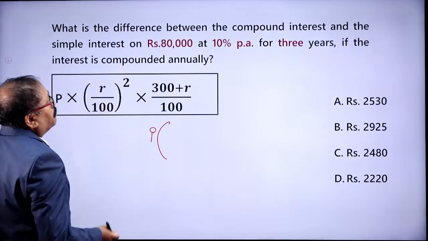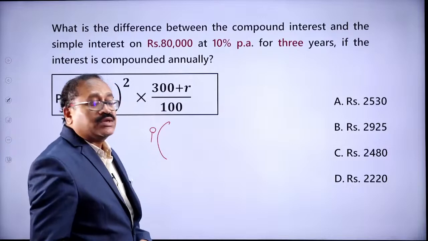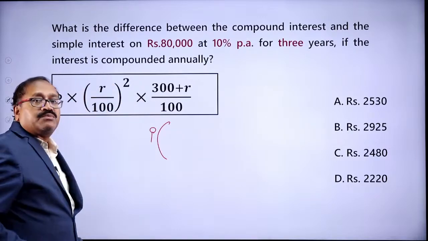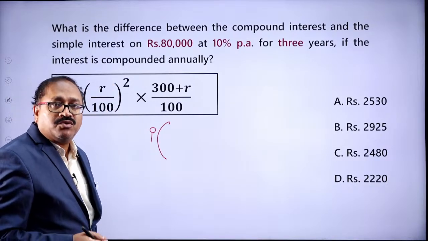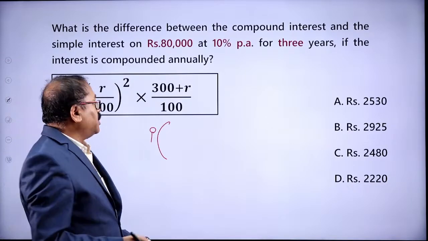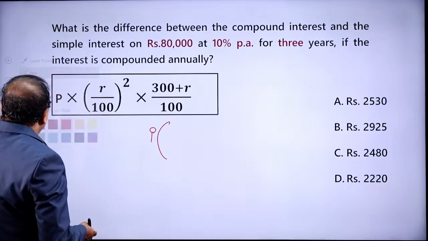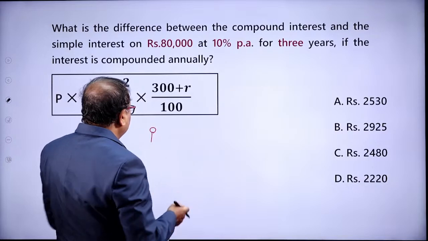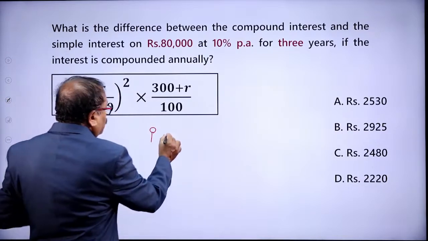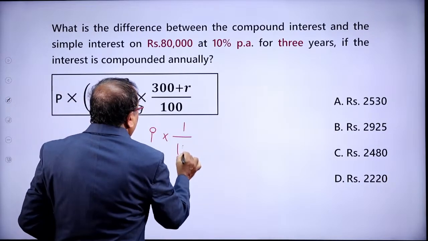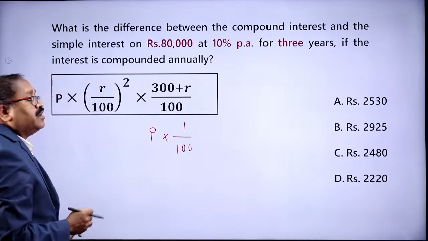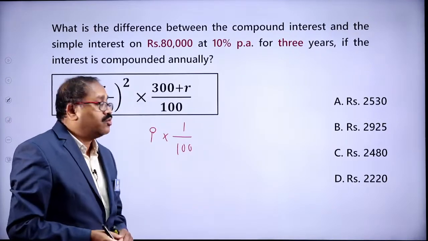Now here R, and what is R? R is 10%. So 10 by 100 is nothing but 1 by 10, and (1 by 10) whole square is 1 by 100. So I can directly write down over here into 1 by 100. That is R by 100 whole square.